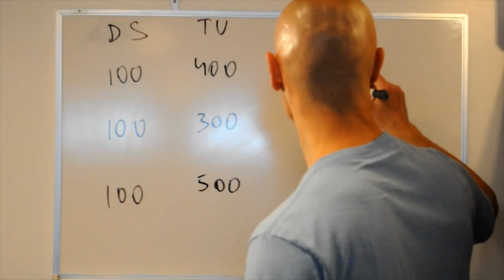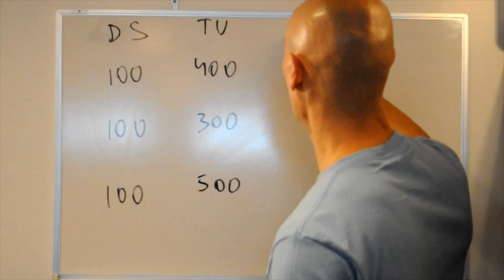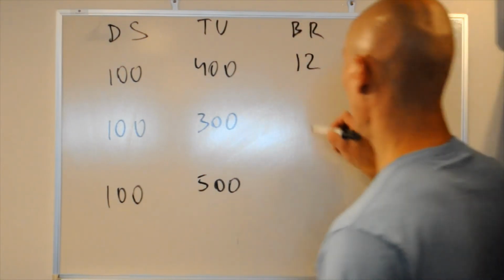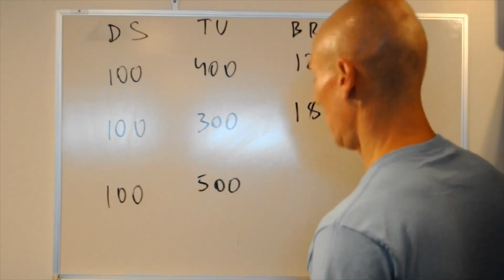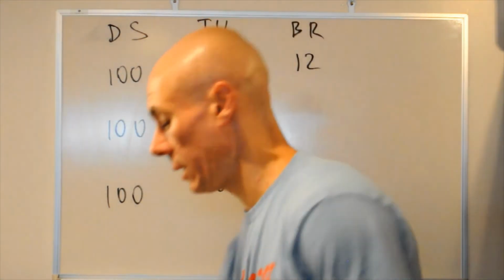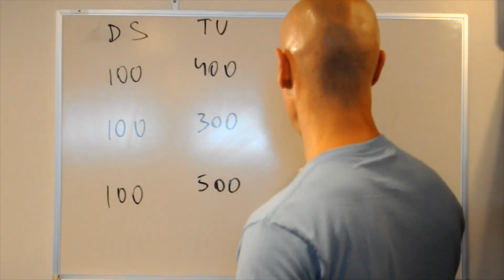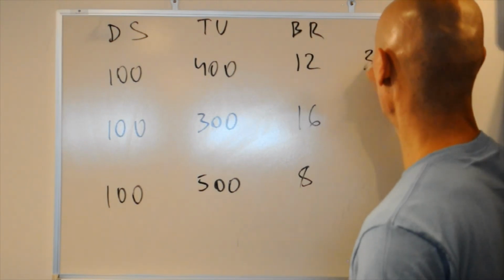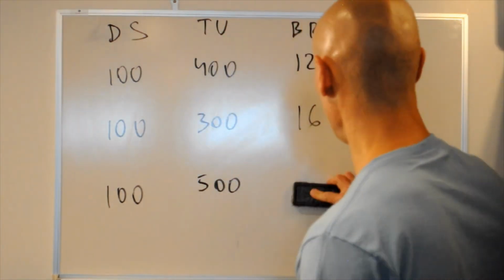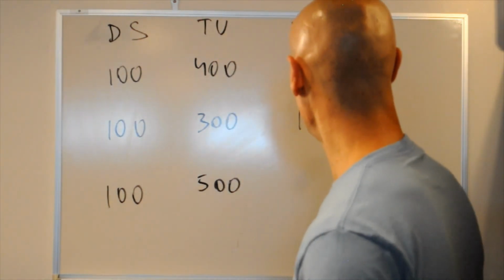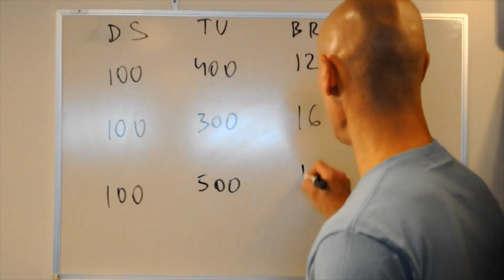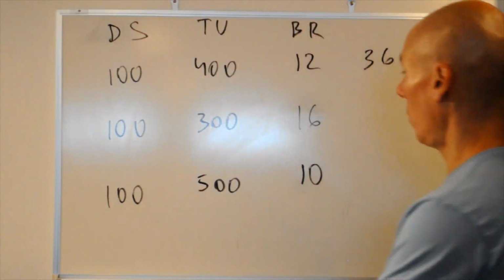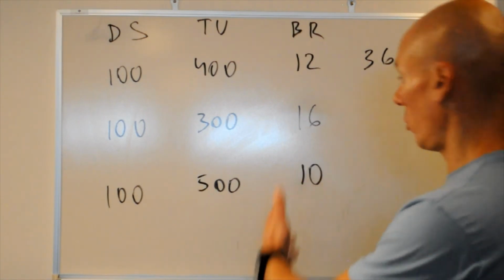Okay, so the breathing rate, we're going to put 12, we're going to put 18, actually, you know what, we're going to put 16, and we're going to put 8. Okay, so in this case, interestingly enough, 8 is too low. You can't breathe really this slow. Let's say it's going to be 10. So you take less but deeper.